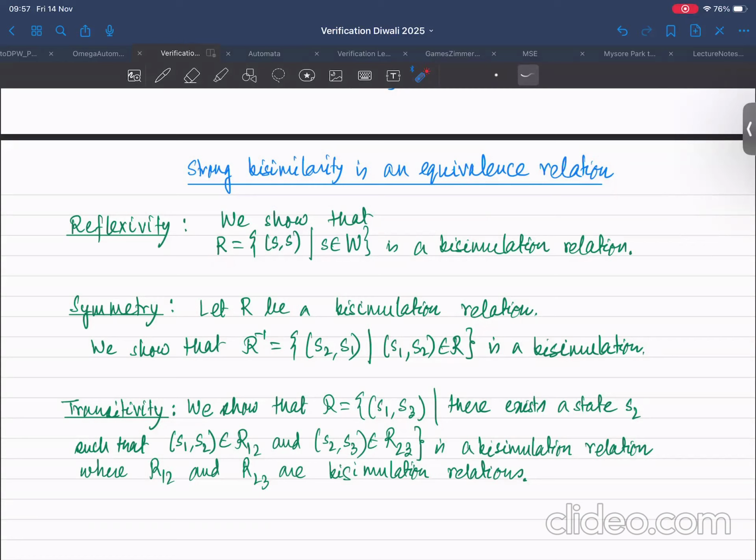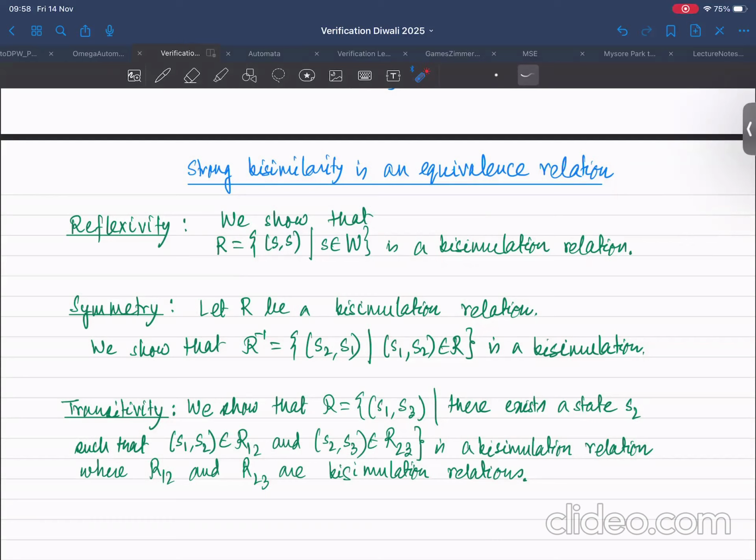So if you consider a relation R of the form S comma S, then you can show that this reflexive relation is indeed a bisimulation relation.